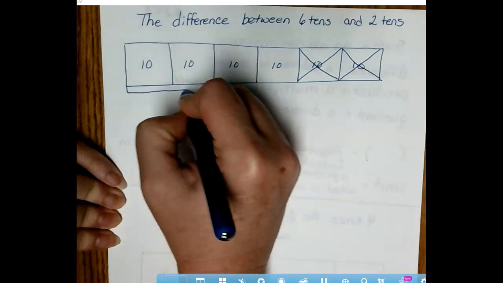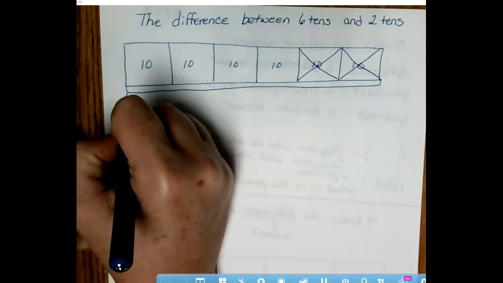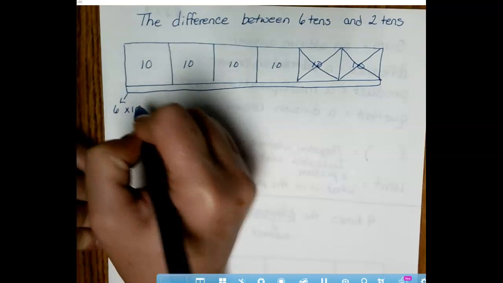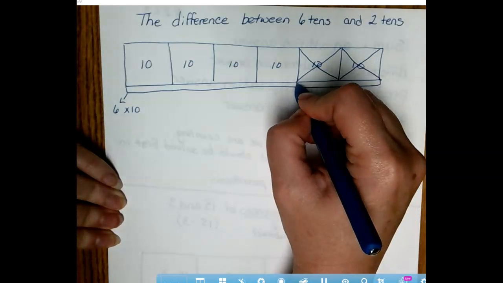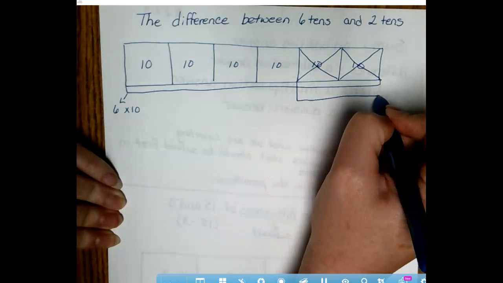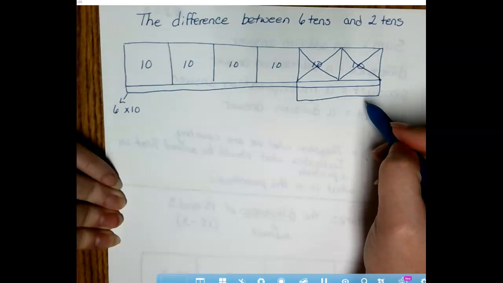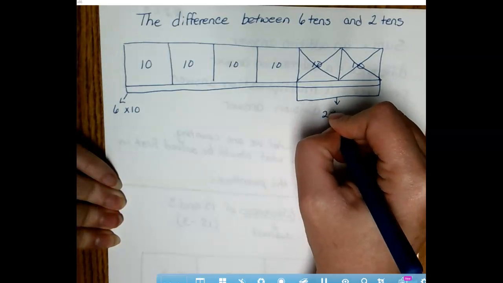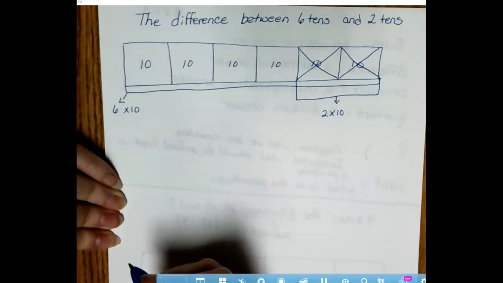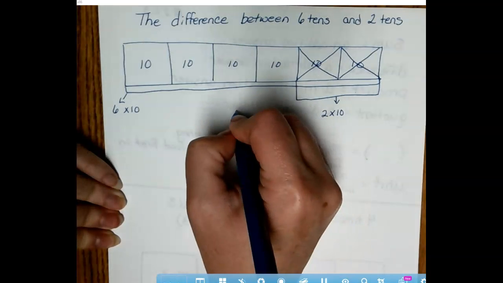So I had 6 tens, 6 times 10, and here are 2 tens, 2 times 10. And I want to be able to subtract them from each other.